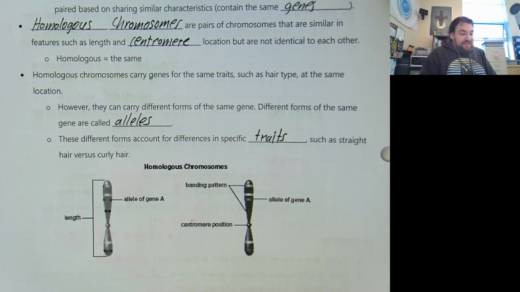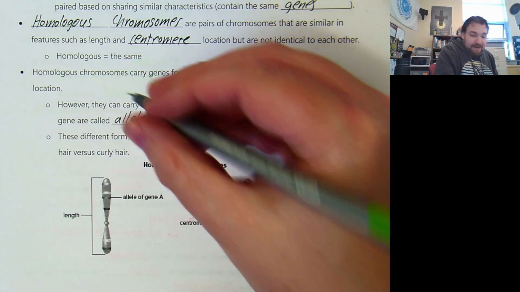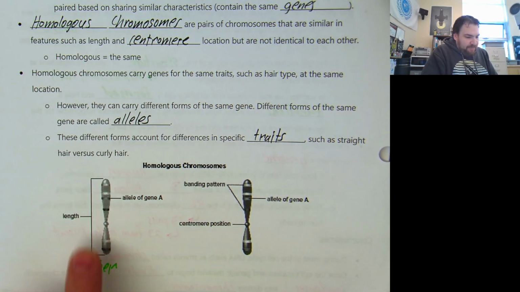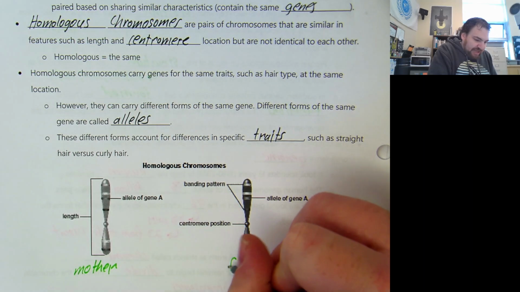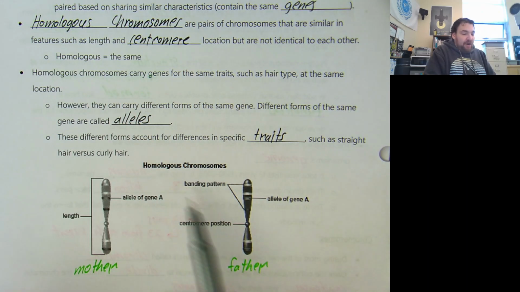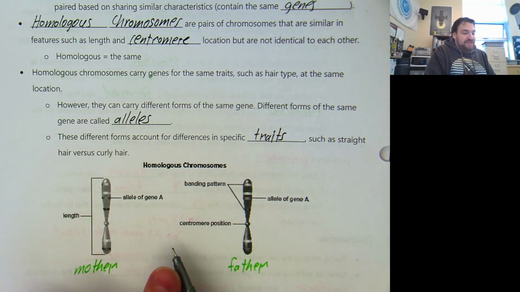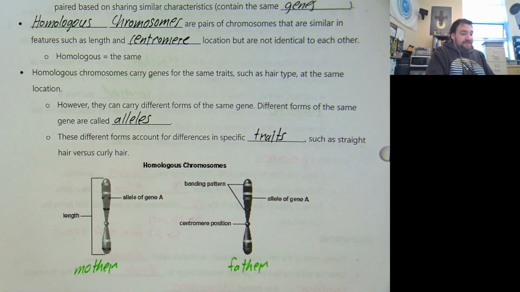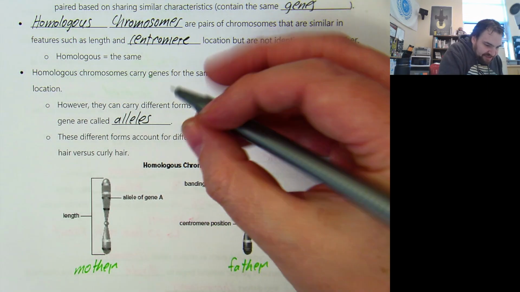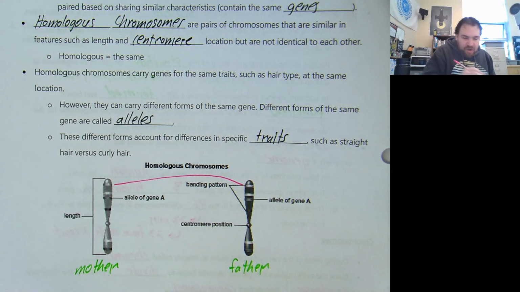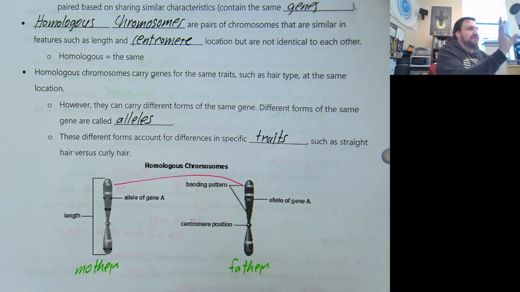So, for example, if this is a homologous pair, maybe this chromosome came from mother, this chromosome came from father, and they are a homologous chromosome pair. Their centromeres are in the same spot, and they code for the same kinds of traits in the same spot. So maybe this band and this band are, it's not this simple.